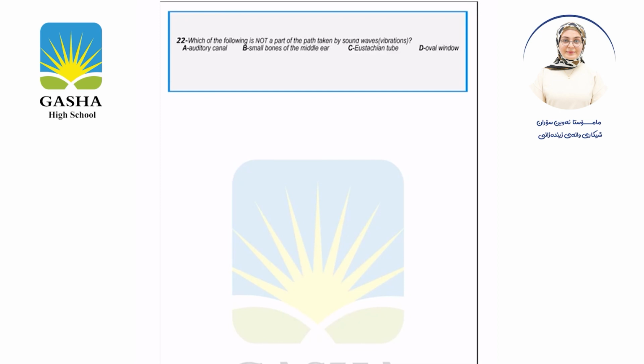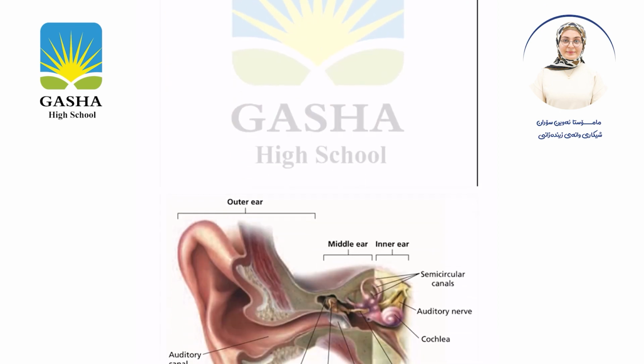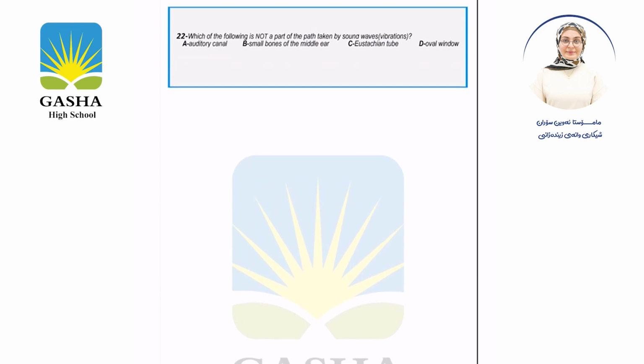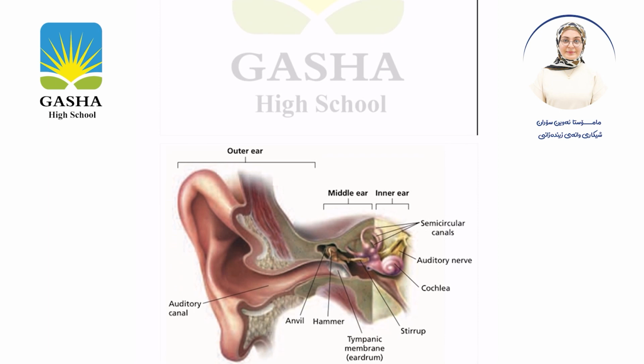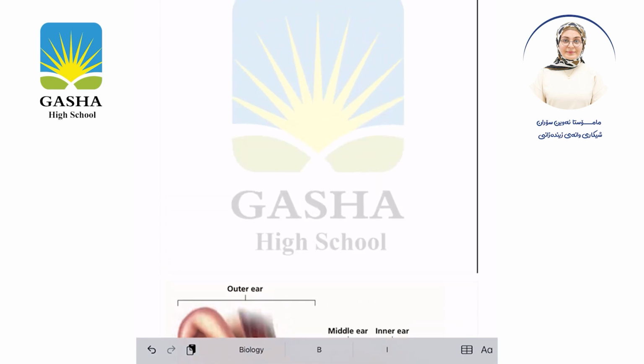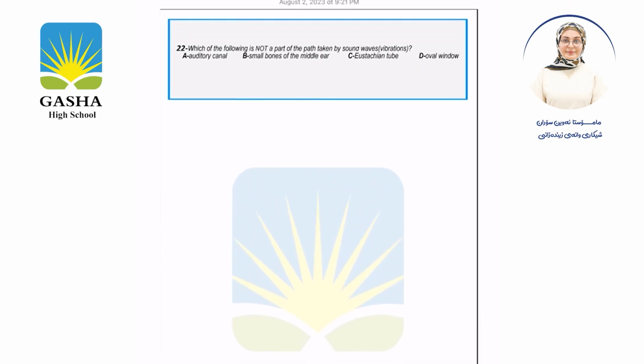Question 22, which of the following is not a part of the path taken by a sound wave? A, auditory canal. If you see in the figure, yes, it is a part of the ear that transports the vibration. So A is true. B, small bones of the middle ear. Yes, they are a part of transporting the vibration. C, Eustachian tube.